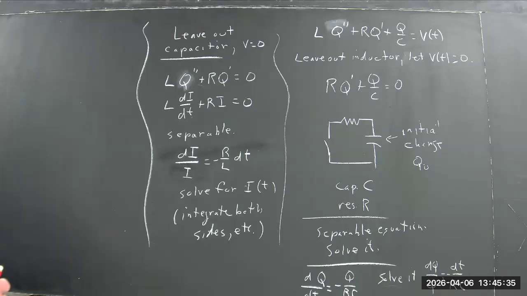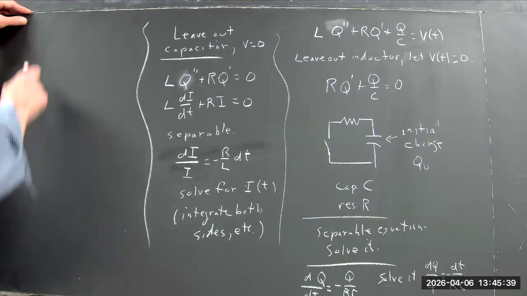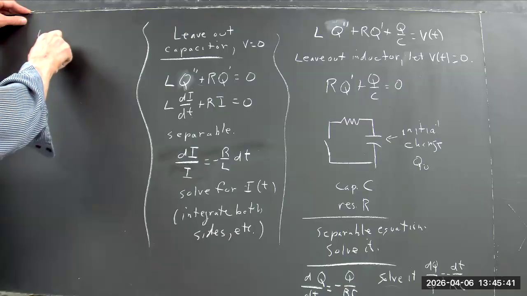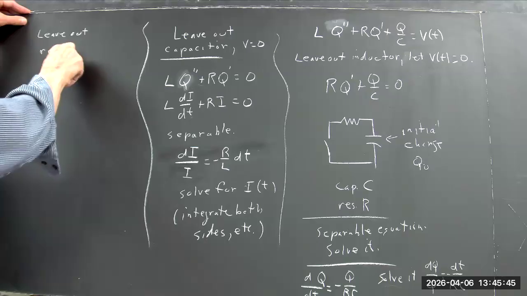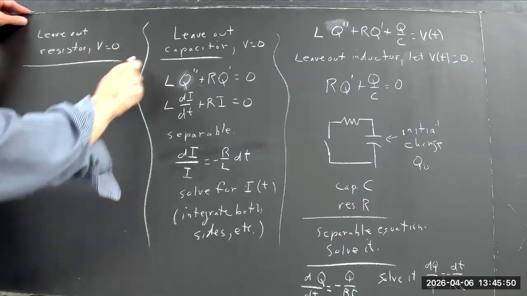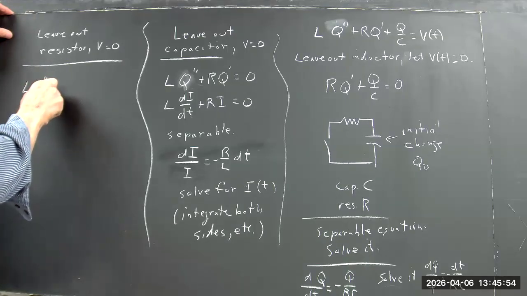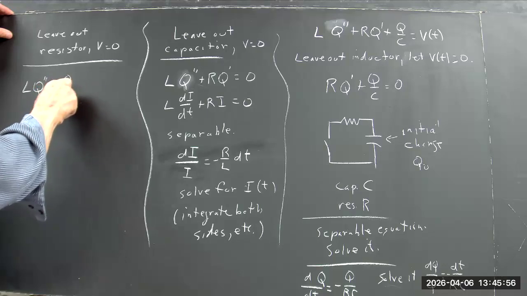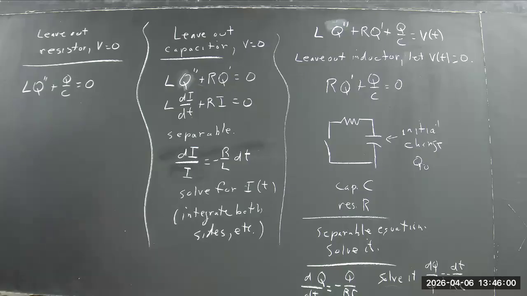Okay? So, now, most interesting, I find most interesting, and I'll solve this one for you. You get L Q double prime plus Q over C equals 0.